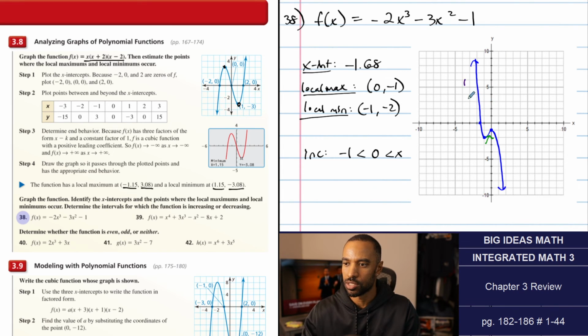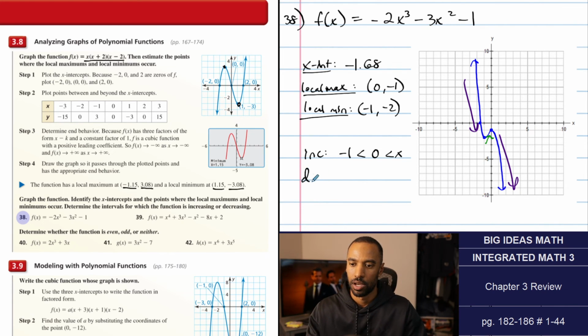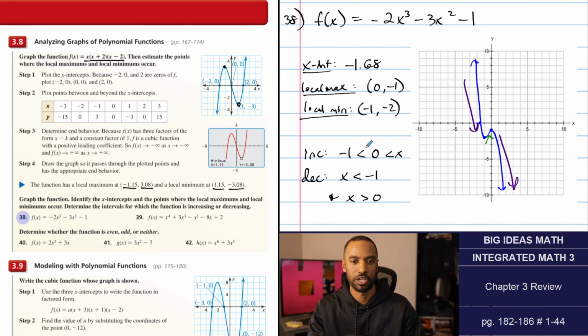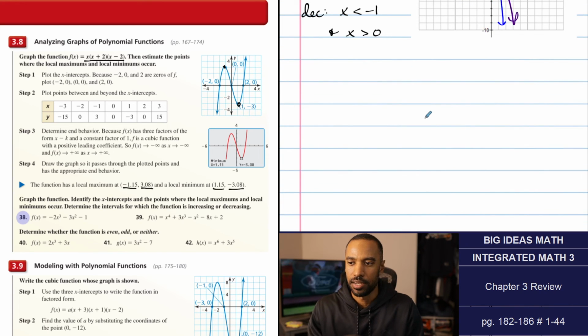So it decreases from negative infinity to negative 1 and from 0 to positive infinity. Remember, decreasing as we go to the right is basically how we're saying it. So it decreases on the intervals when x is less than negative 1 and when x is greater than 0. So that's all the information we need, and we're done. Number 39.